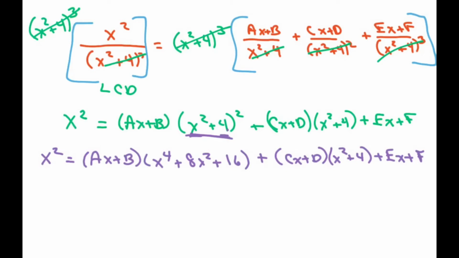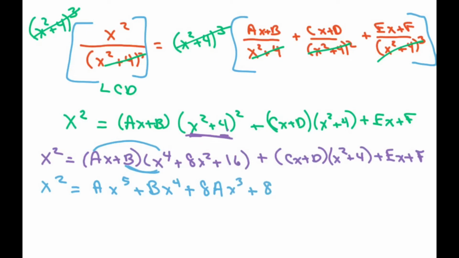Alright, next, what we want to do is distribute this all out. And when you distribute it all out, I'm going to go in descending order. So we have ax to the 5th. Then I want to do this one because I get x to the 4th. And then I'm going to do my 8, so that's going to be plus 8a x cubed, plus 8bx squared, plus 16ax, and finally plus 16b.